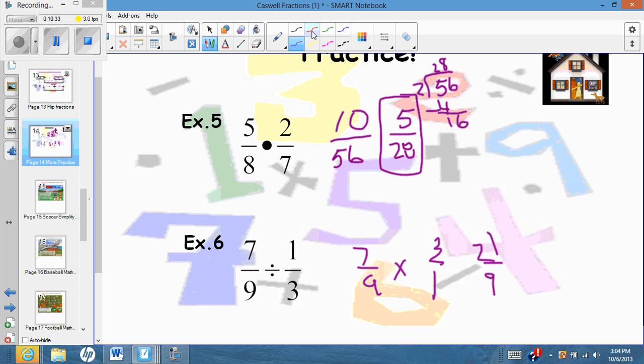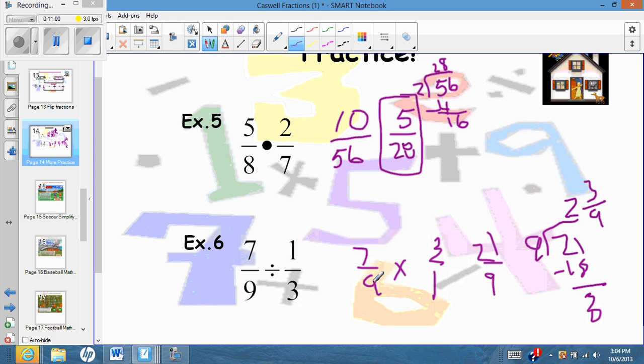One thing you can do, if I divide 21 by 9, remember I need to show my work. 2, 18, and that gives me 3 over 9, which simplifies to 1/3. So my answer would be 2 1/3.